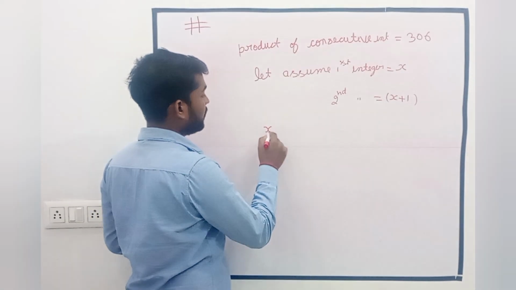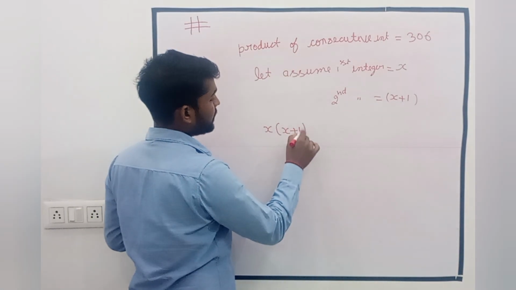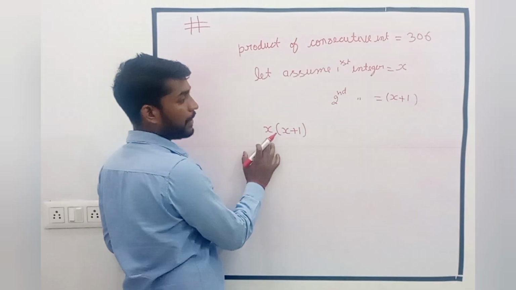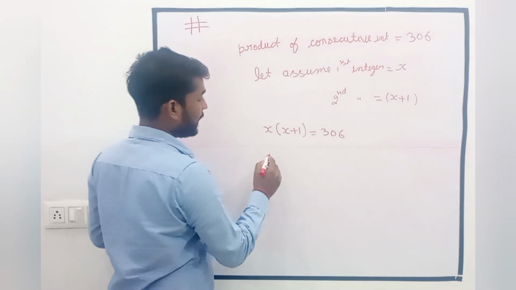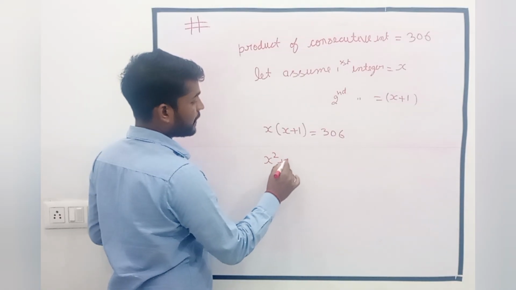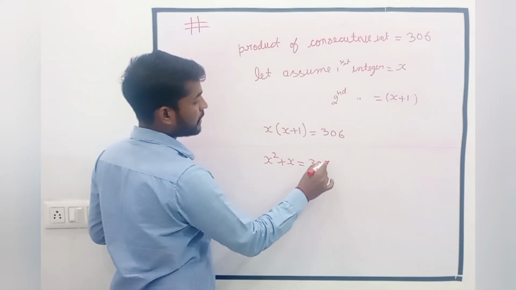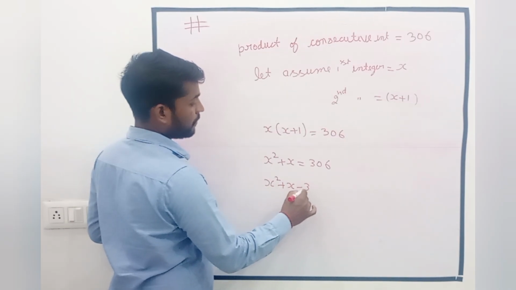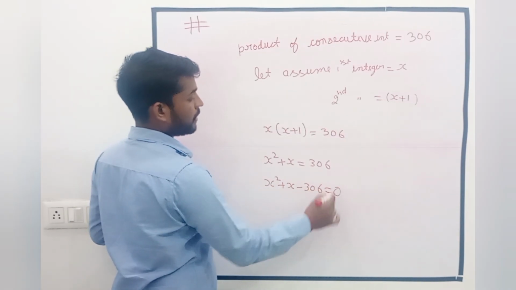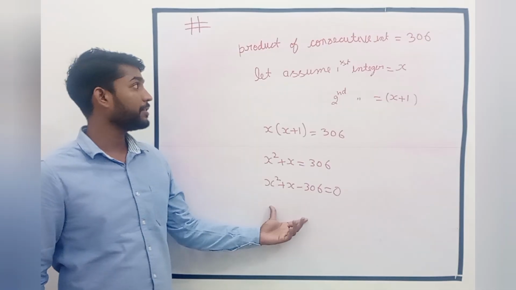According to the question, x and x plus 1, and product means multiplication, and this will become 306. Now we will multiply this: x square plus x equal to 306, and now x square plus x minus 306 is 0, and this is a quadratic equation.